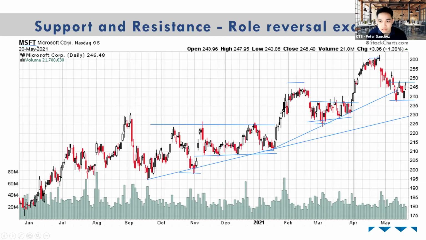And we had a breakout with high volume. After that breakout, tumuloy siya. And bumalik ulit. But since itong previous resistance natin, we expect na may future support siya, nung bumalik siya, yun nga nangyari.